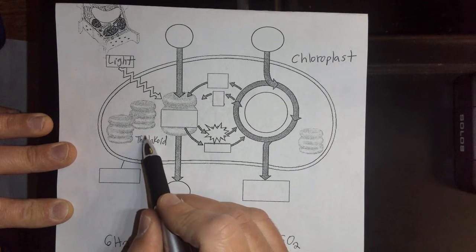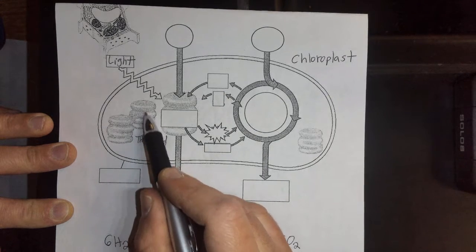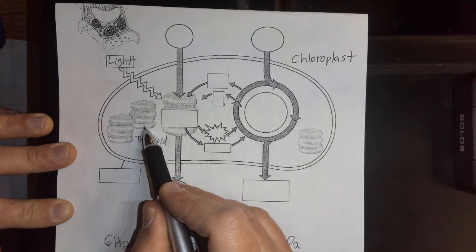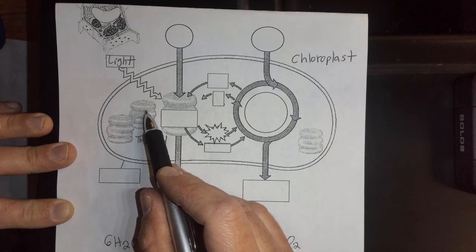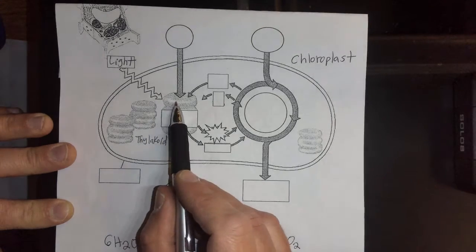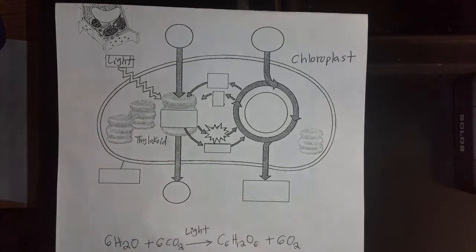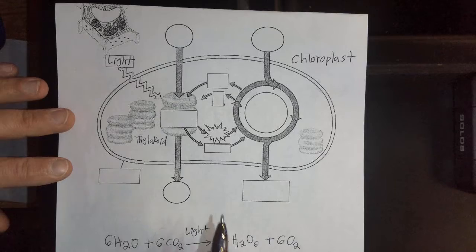Okay, and these thylakoids kind of look like stacks of tires, and they're smothered with this chlorophyll pigment. And so the light absorption is happening here, okay, and this is the input of energy to start photosynthesis.